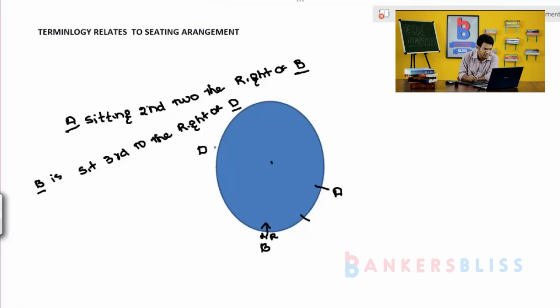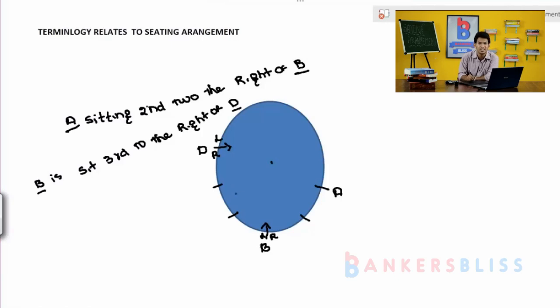D is also facing the center, which means our left, our right. Then first right, second right and third right, B is here. Once again I am repeating, B is sitting third to the right of D. I write D here, then D is facing the center, then this is the first right, second right and third right, the B is here.